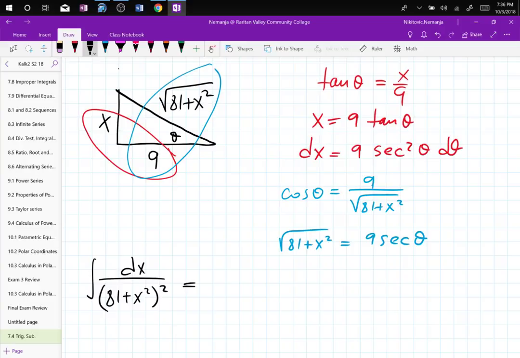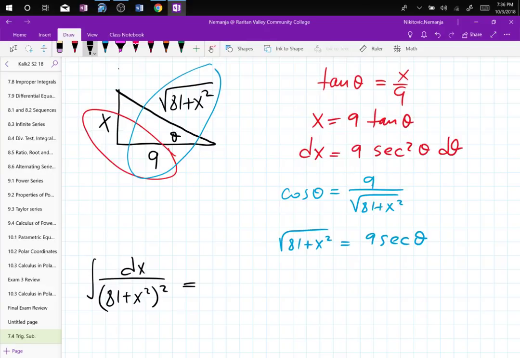If you swapped x and 9, there is no other way to do this. That's it. Those are the two. And I told you, if you end up with the secant, cosecant cotangent, all you need to do is swap x and 9, and it will be secant tangent. The formulas are the same. It's just that it's negative signs, and you can make a mistake with that.